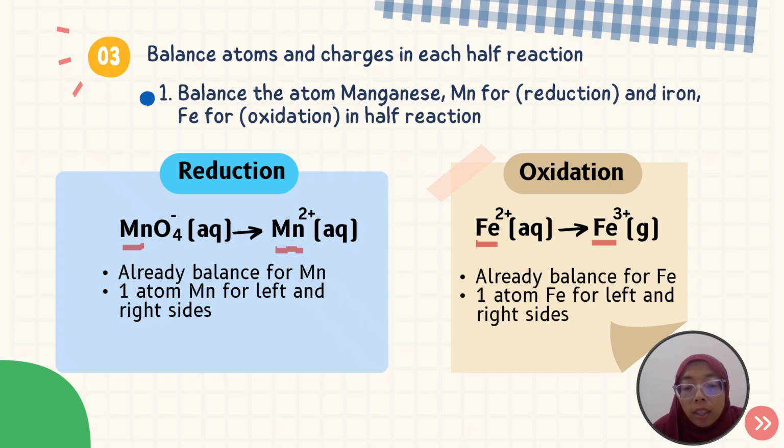So the atom iron is already balanced for left and right side. Okay, there is one atom on both sides. Okay, if it is another example which is not balanced, you must add the amount in the stoichiometry here to make the amount of atoms similar for left and right side.